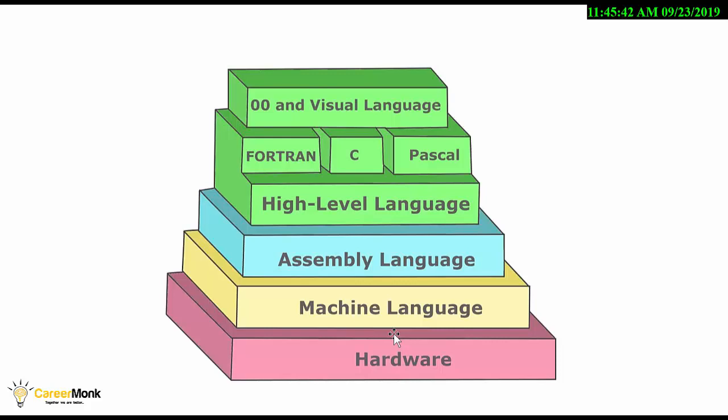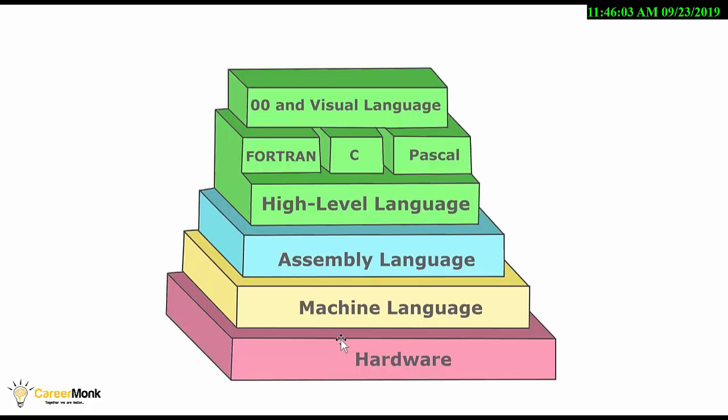Now, what are the instructions that we are putting in the main memory? They will be looked at by the central processing unit, CPU, and it tries to convert the high level language to the machine language, and ultimately that machine language will talk to the hardware and perform the actions.